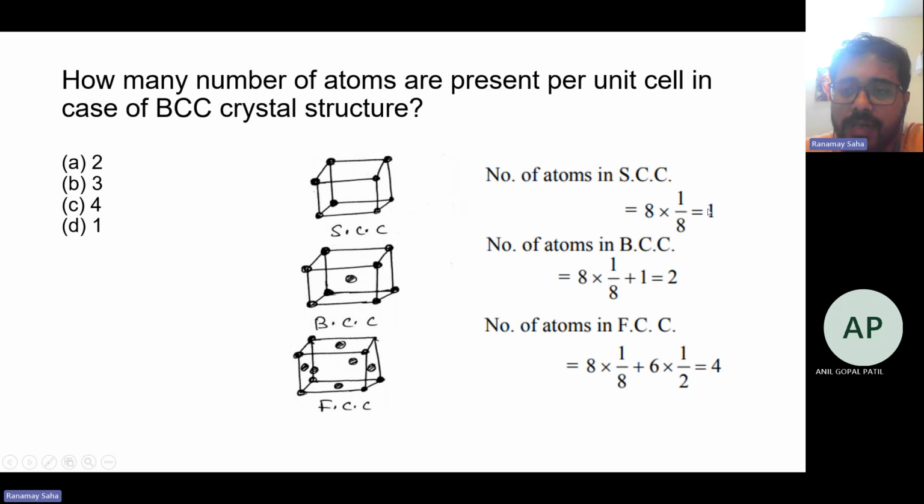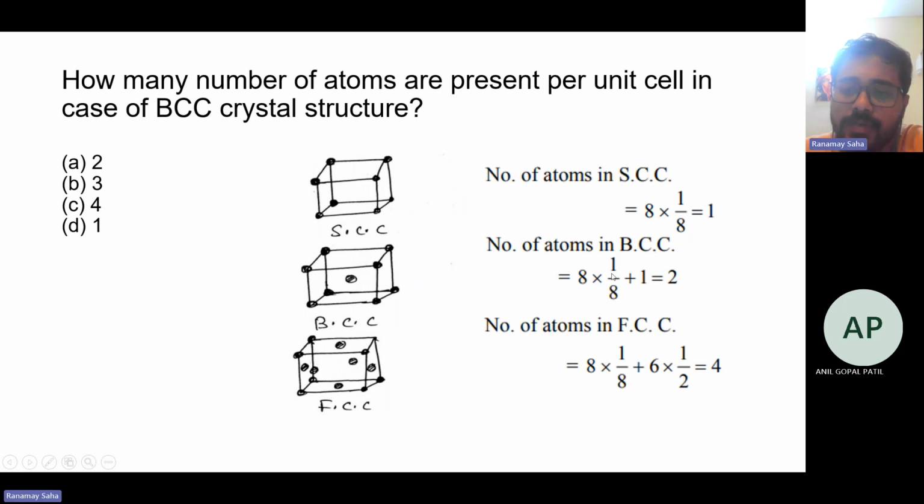In case of SC, you have a total of one effective atom in one cell, right? One atom is shared by eight cells, eight sides. So for one particular cell, it is 1/8 of one. If you take 1/8 from all the different atoms, you come up to one effective number of atoms.